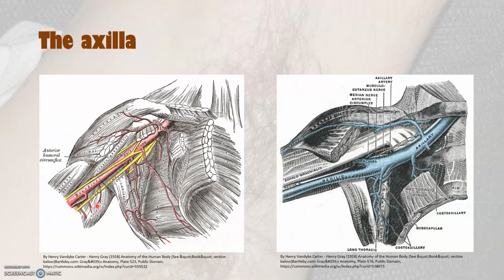The lateral, medial and posterior cords are really named as the relationship of the cords to the axillary artery itself.